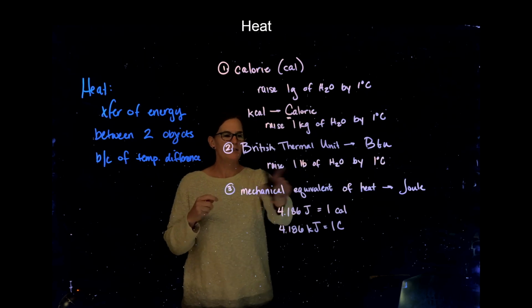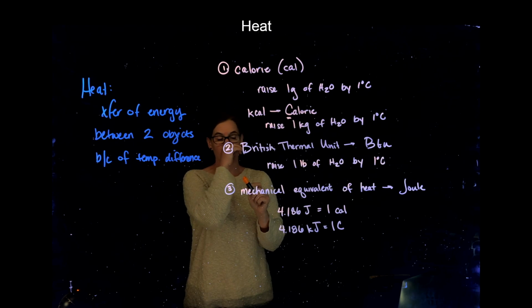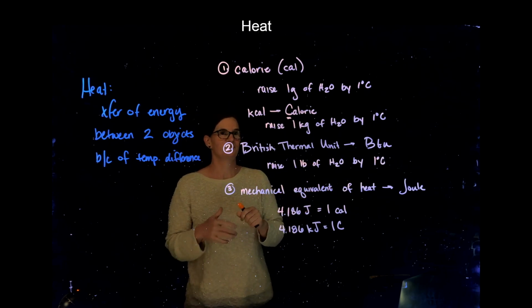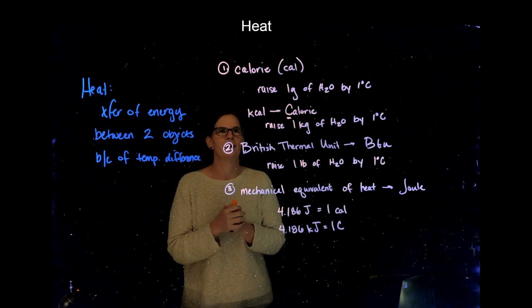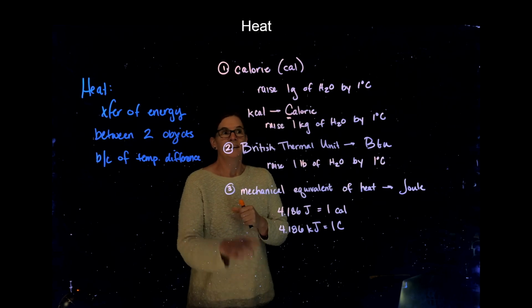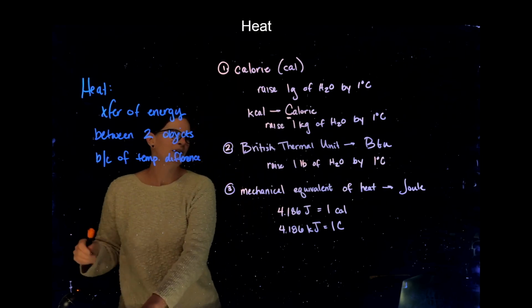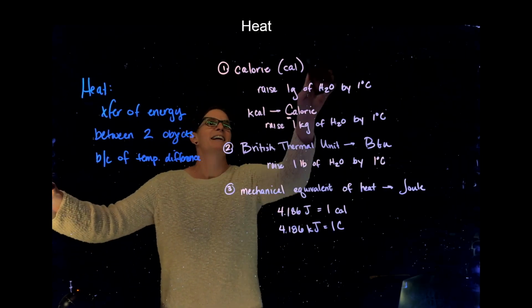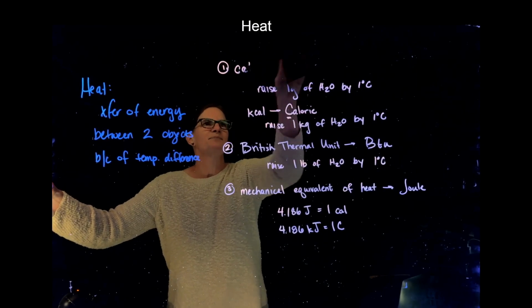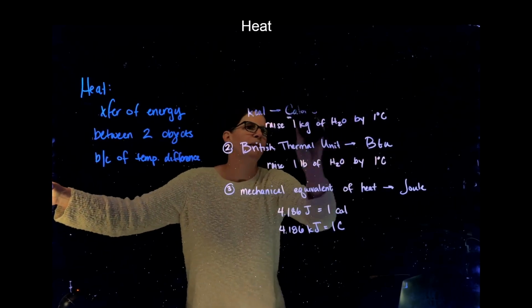All right, so that's an equivalence that we're going to be using as we look at the mechanical equivalent of heat and this more commonly used measurement of heat. Okay, so let's look at a fun example, looking at the mechanical equivalent of heat and the calorie. This again is just your brief introduction to what heat is.